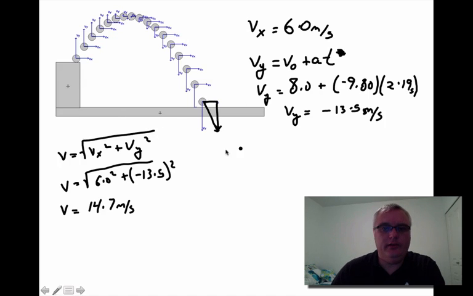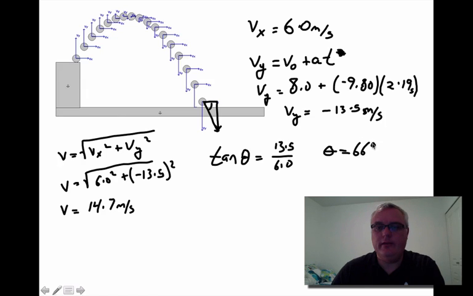And the direction, again, this angle here below the horizontal, is going to be the opposite side, which is the y component, divided by the adjacent side. When I take the inverse tangent of that, I end up with 66 degrees.